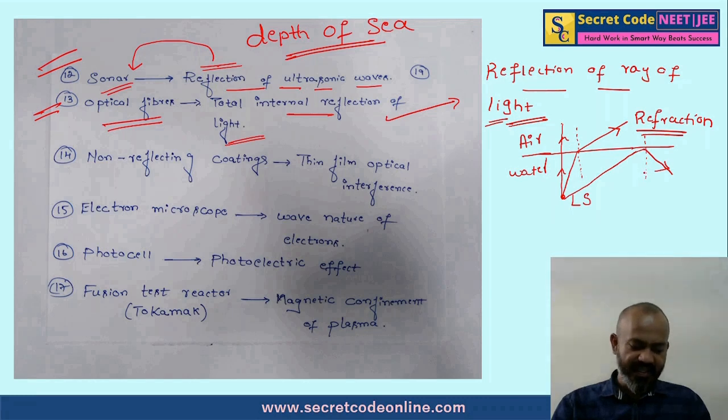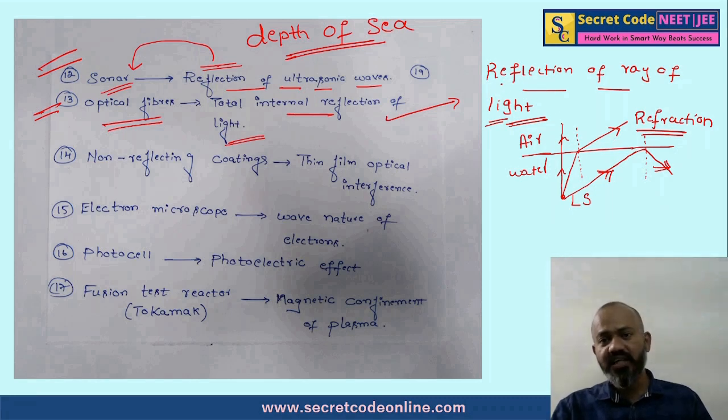There is one condition, based on which the rays are going to reflect back. You may ask, sir, what is the condition where the rays will come back into the medium? That condition is whenever the angle of incidence is greater than the critical angle. Then this kind of reflection takes place within that medium only.